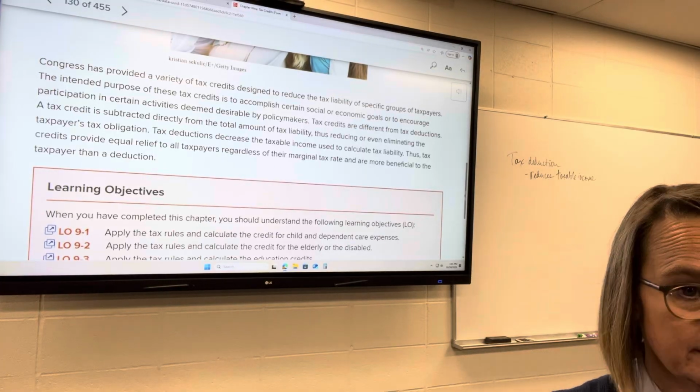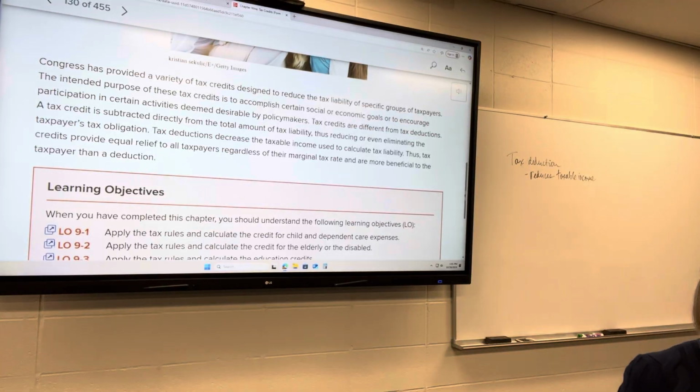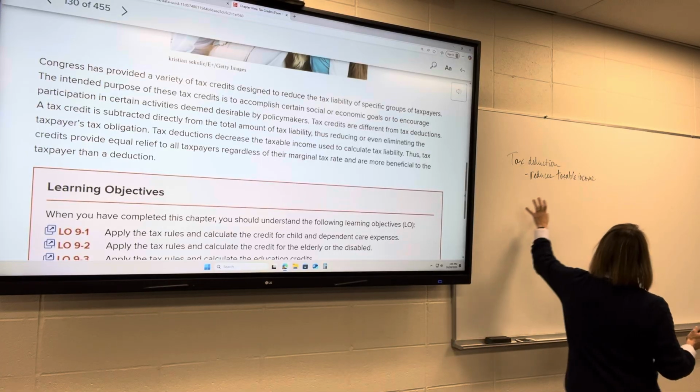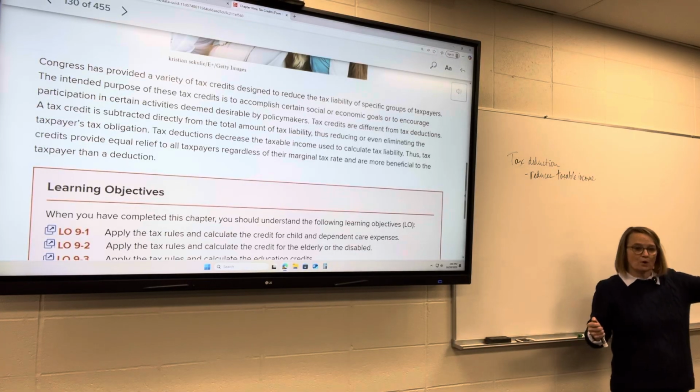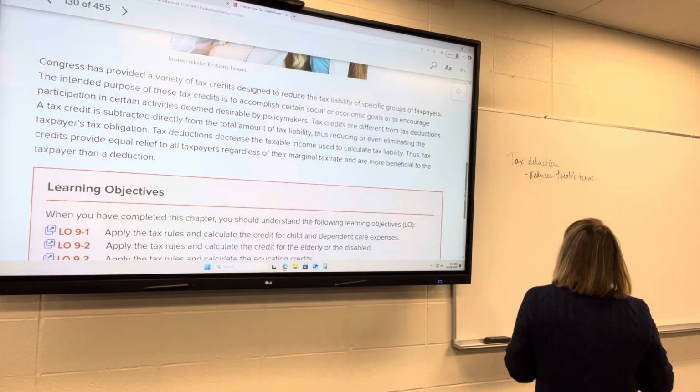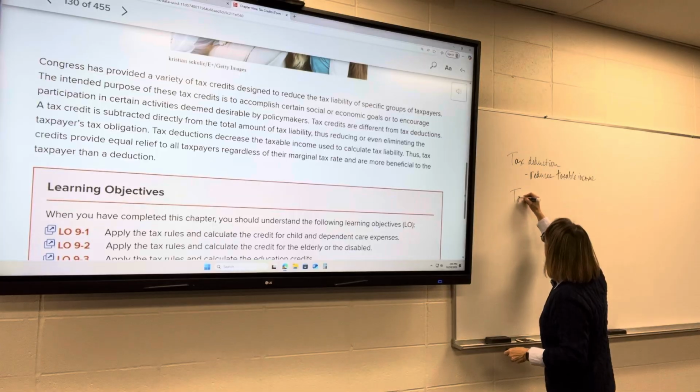That very last line is where we calculate our taxable income. So if a tax deduction reduces our taxable income, that's all going to show up on the first page of the 1040, right?